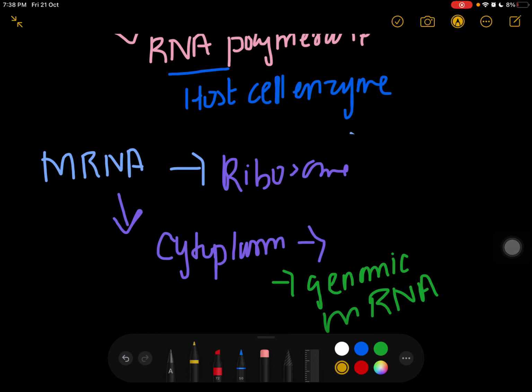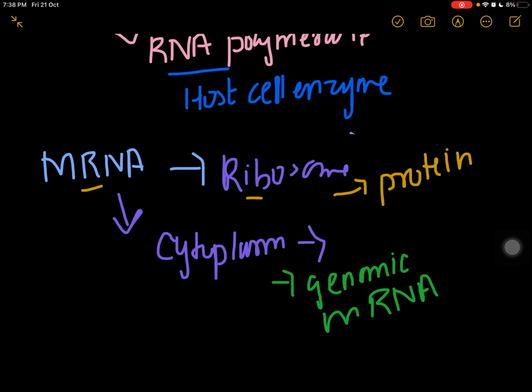Obviously for translation. What is translation? Now the formation of protein from our mRNA is known as translation, right? And this mRNA will move to the ribosome and they will form protein with the help of translation, right? Now there will be two types of mRNA. First genomic mRNA and the normal mRNA, which will go to the ribosome and then form protein by the help of translation.